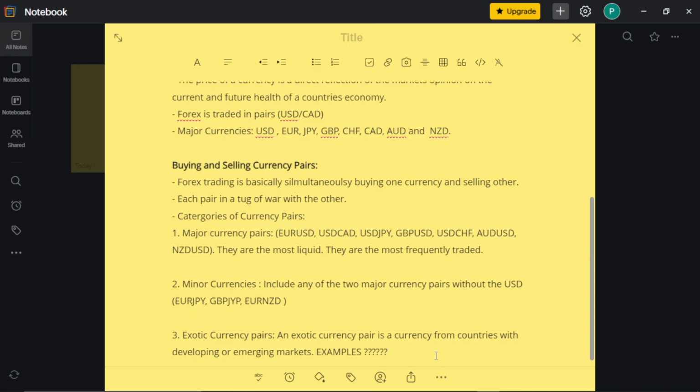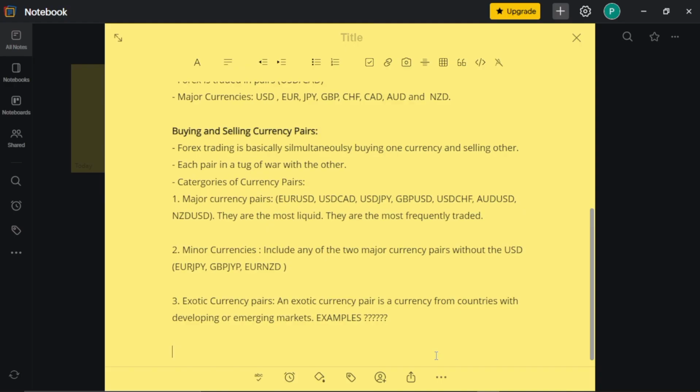So basically, there are 2 other important topics or subheadings that I would want to discuss, but I do not think they are really essential to your success as a Forex trader. First off, it's not like they're not important. I don't think they are essential. They may be important, but they are not necessary, okay?